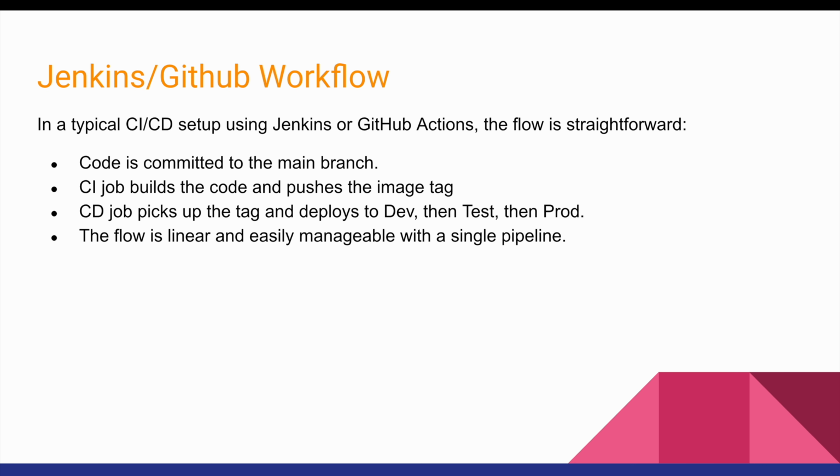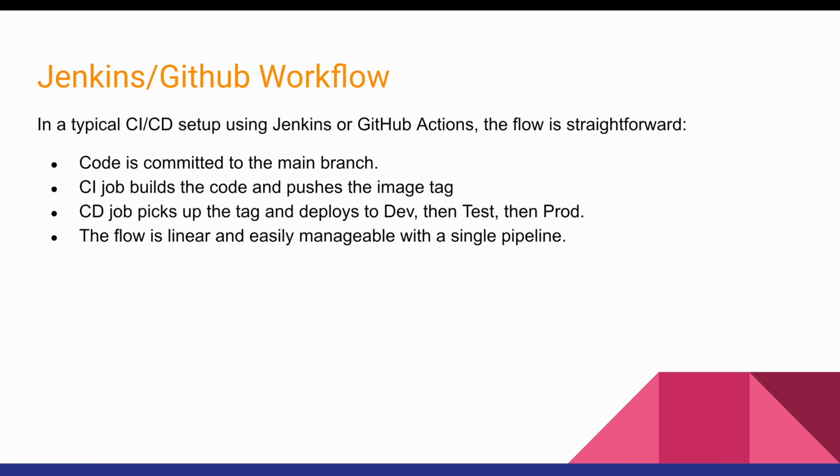So how would you achieve it with Jenkins or GitHub workflow? In your typical CI/CD setup, when we use Jenkins or GitHub Actions, the flow is very straightforward. Code is committed, the CI job builds the code and pushes the image tag, and the CD job picks up the tag and deploys to dev, test, and then prod. In GitHub workflow, we have the proper environment list, so it goes first to dev, then test, then prod.